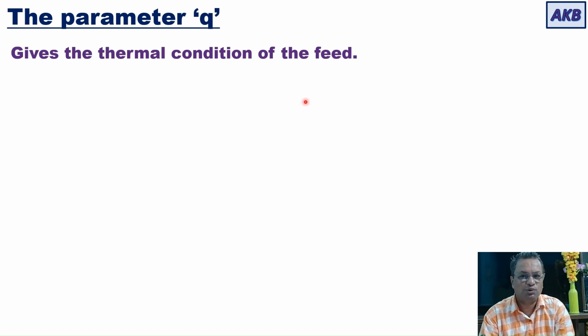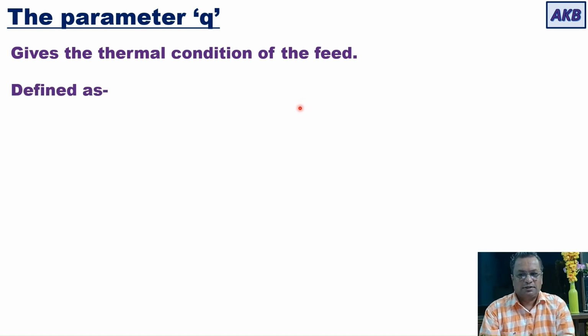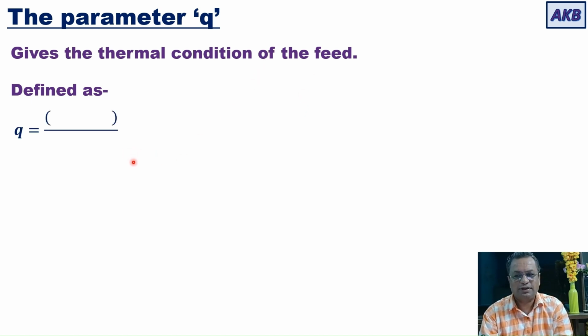I'm giving the link to those videos in the description section. So the parameter Q gives the thermal condition of the feed. It is defined by this mathematical equation: Q is equal to Hg minus Hf divided by Hg minus HL.